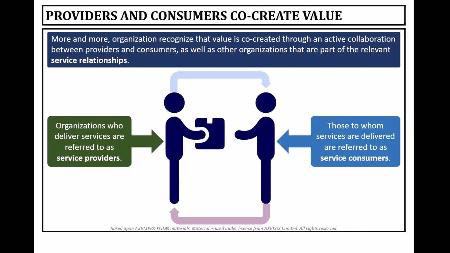Service provisioning consists of activities performed by the service provider to provide services. Service consumption consists of activities performed by service consumers to consume services. Creating value is a two-way street as far as ITIL 4 is concerned.